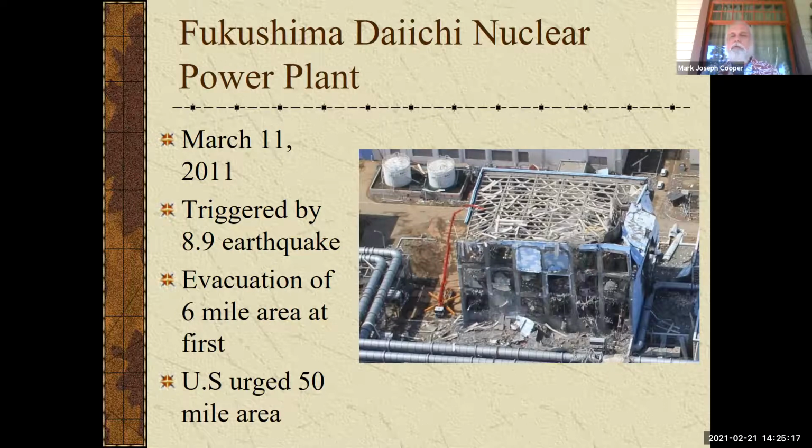We have a local one. If you ever drive down the freeway, you can actually see it south of us. It's closed now, but it still has radioactive waste there. But luckily for us, in California, there aren't any earthquakes. Did I mention you're going to die? So good luck.